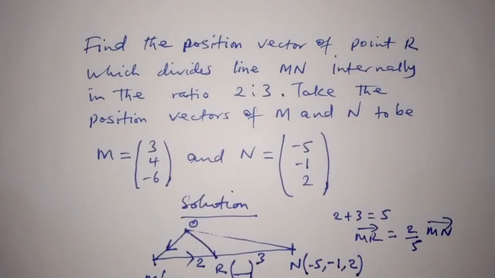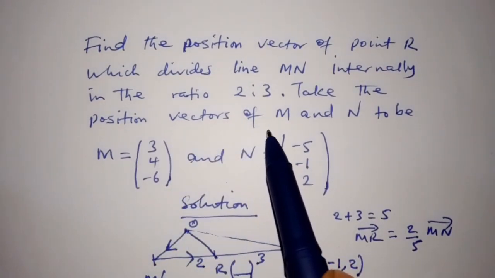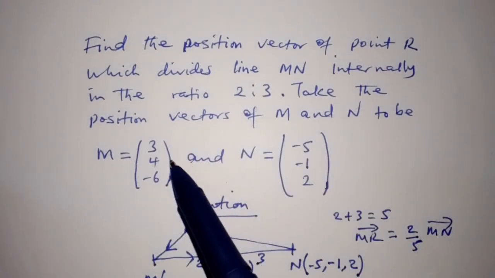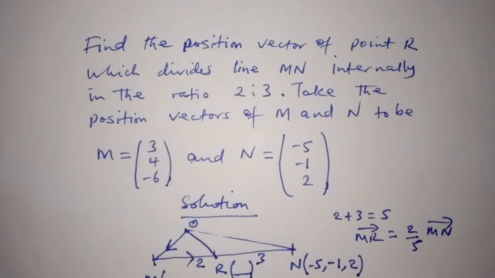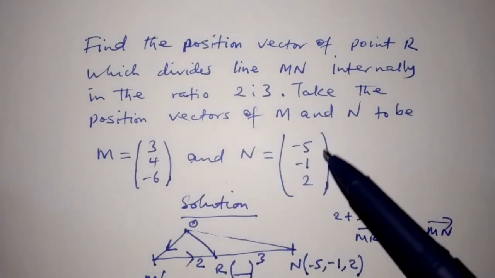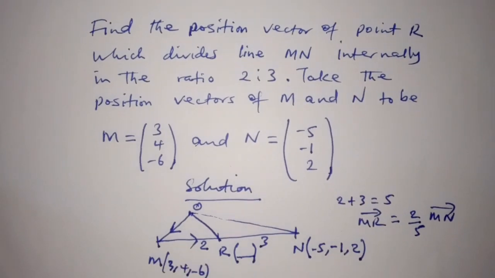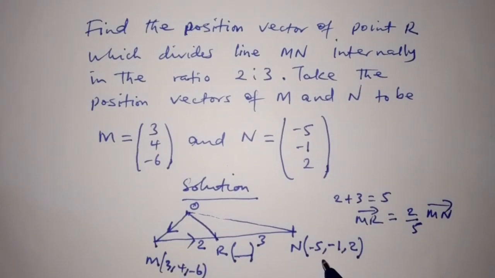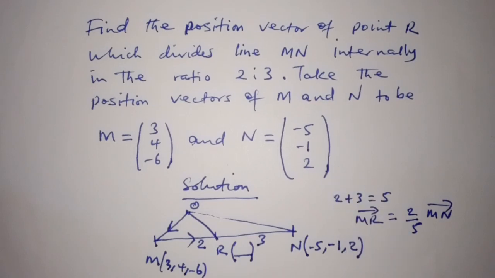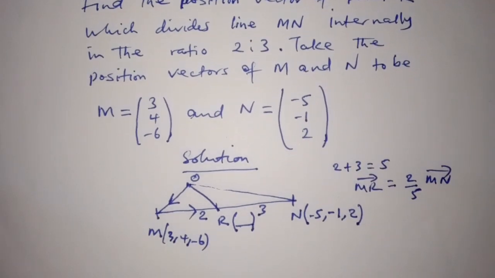We are told to take the position vectors of M and N to be (3, 4, -6) for M and (-5, -1, 2) for N. How can we find vector OM?